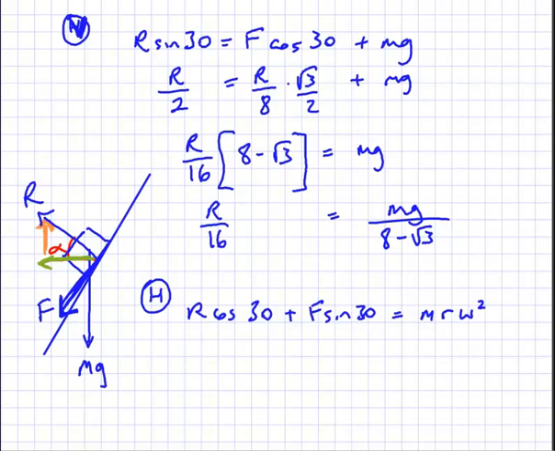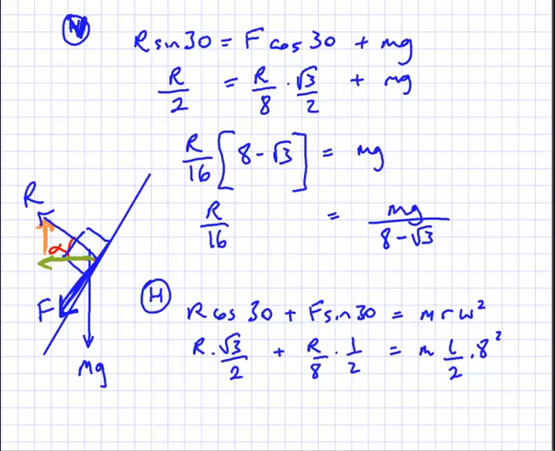So if you fill in what we know there, we know that cos of 30 is root 3 over 2. We know friction is R over 8. Sin 30 is a half. We don't know what the mass is. We know our radius, it's length divided by 2, and we know our angular velocity, which is 8.